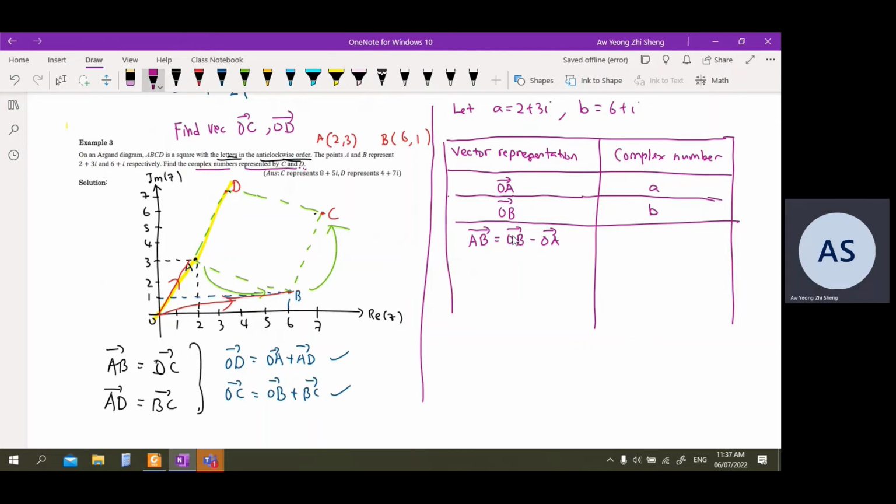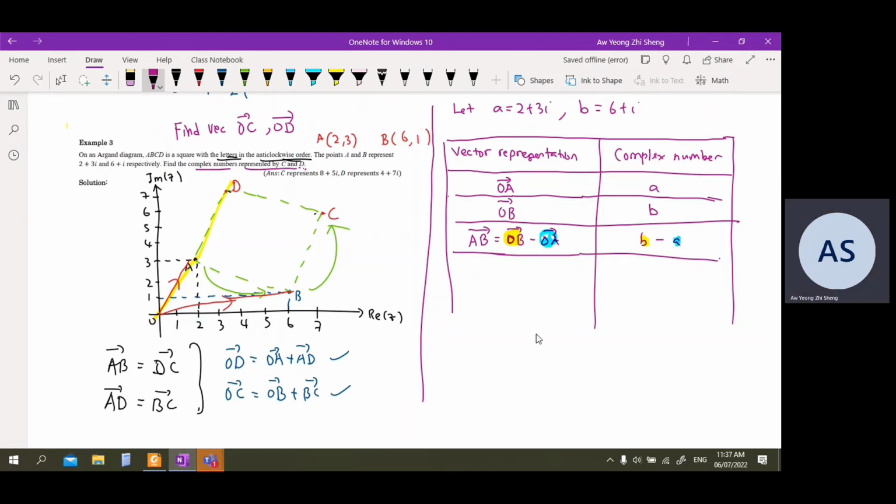Since AB is OB minus OA, the complex number represented by AB will be the corresponding b minus a, because OB represents b and OA represents a. It just follows; it works this way. Then we know that the vector DC.